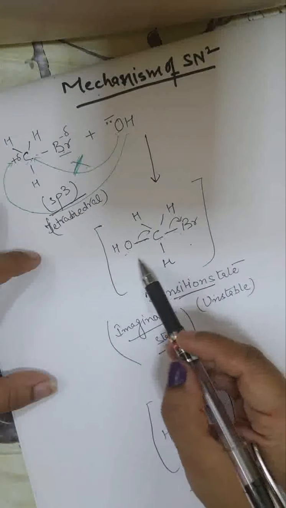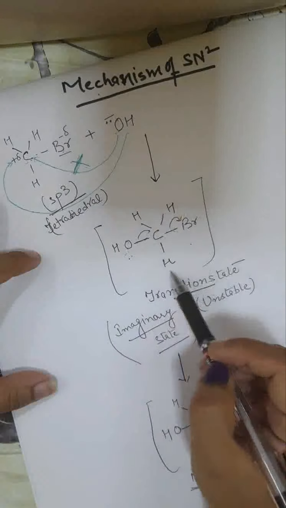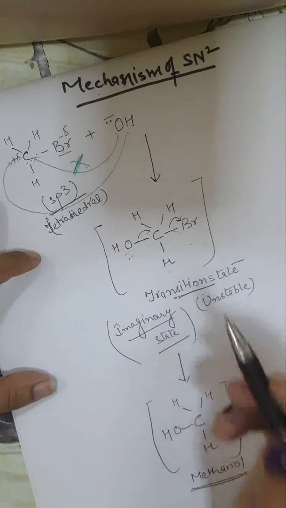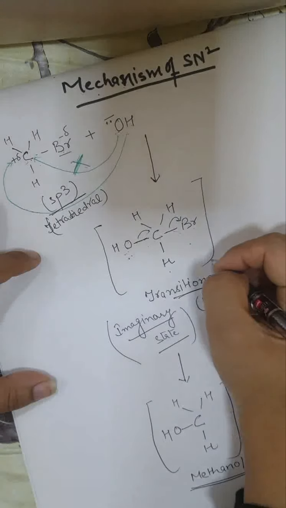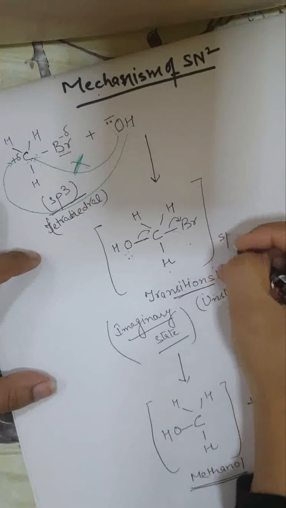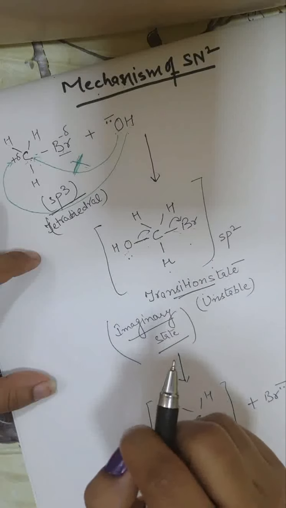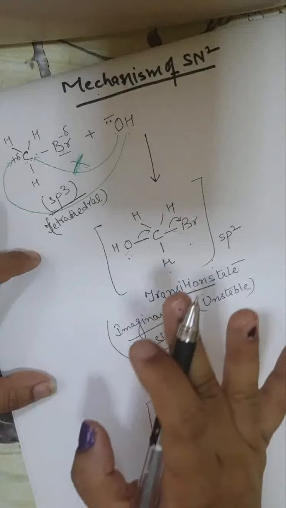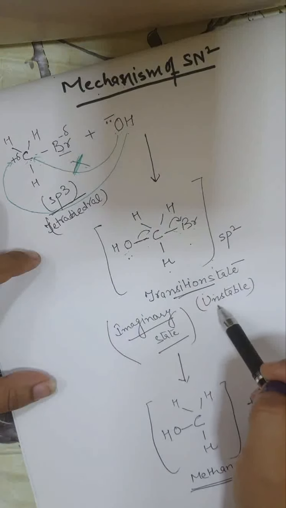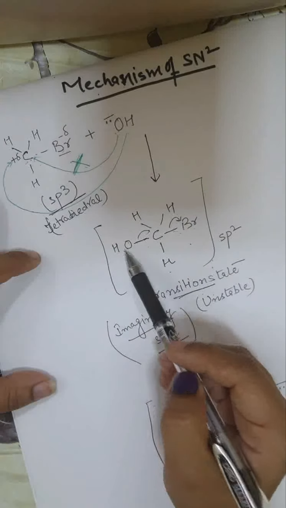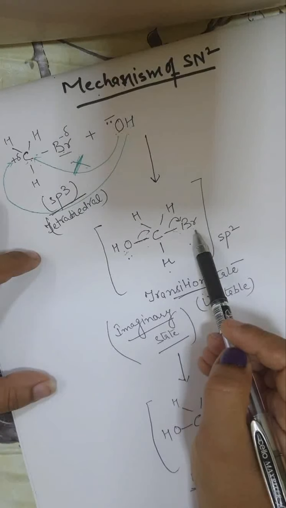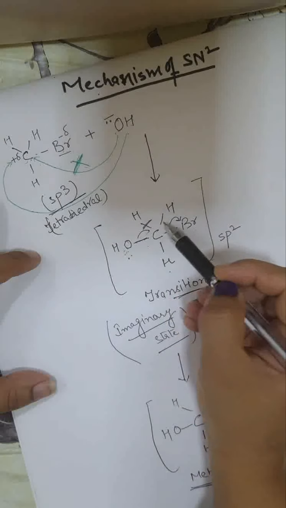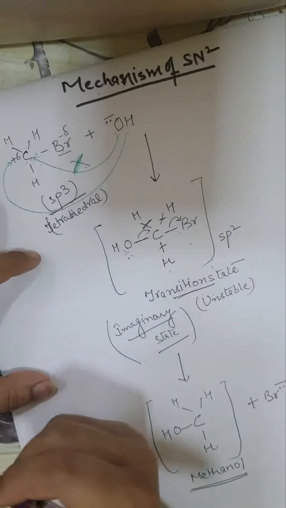When the OH ion attacks the methyl bromide, the transition state is formed. This is pentavalent and the hybridization is sp2, not sp3d, because neither the OH nor the Br bond is completed here. Only 3 bonds, H, H, H, are complete here.